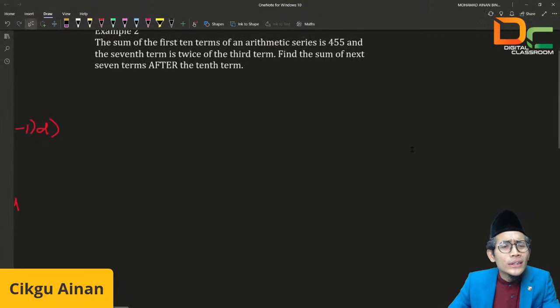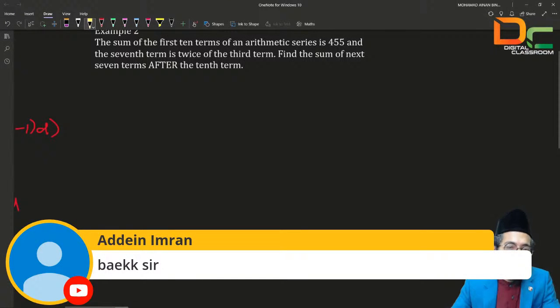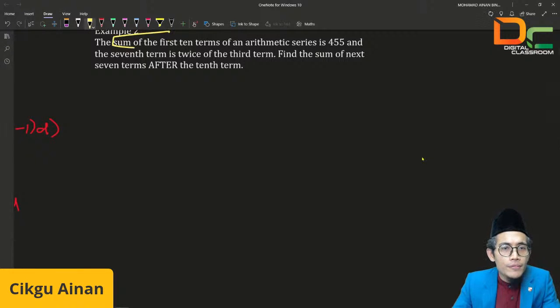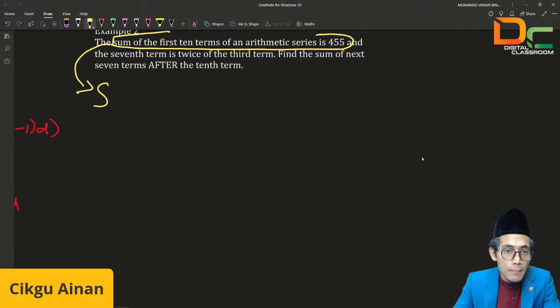So the sum of the first 10 terms is the same thing. The sum of the first 10 terms is 455. So this means the sum of the first 10 terms equals 455.